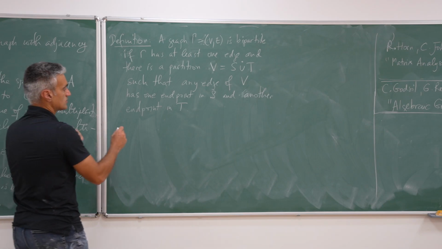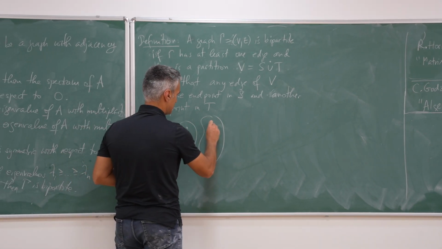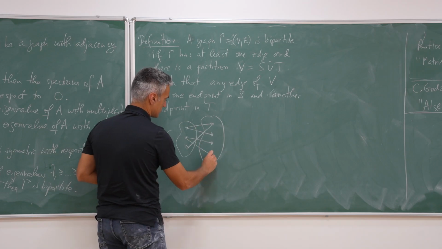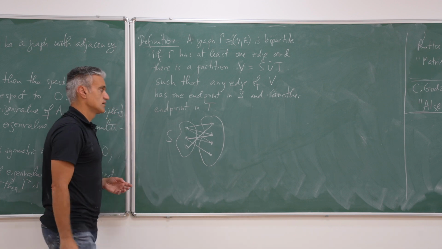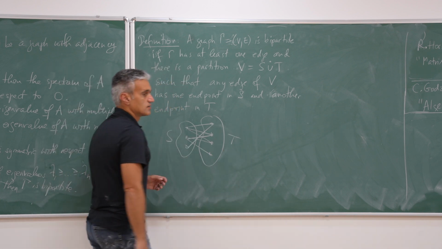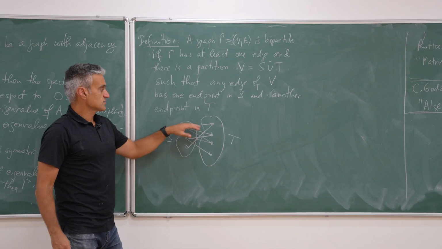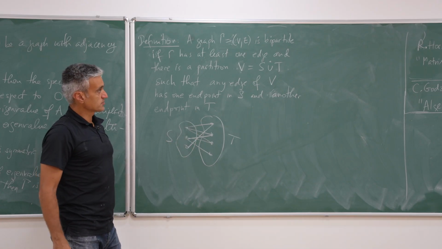Okay, so the picture will be like this. You have two subsets of the vertex set. These are all your vertices, and no edges inside S, no edges inside T: that is bipartite.